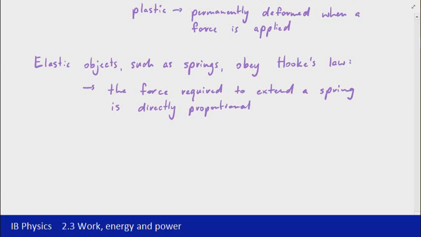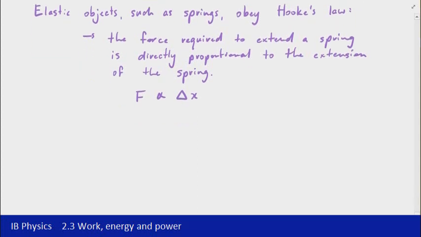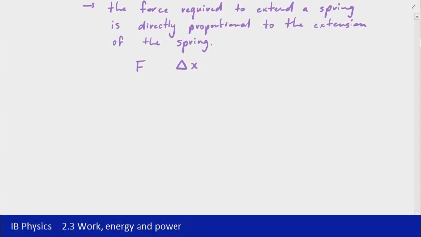So we can write that in a relationship form. And let's finish writing this definition. The way that we would write that is that F is proportional to the extension of the spring, so delta x being how long the spring has been extended from its rest position.